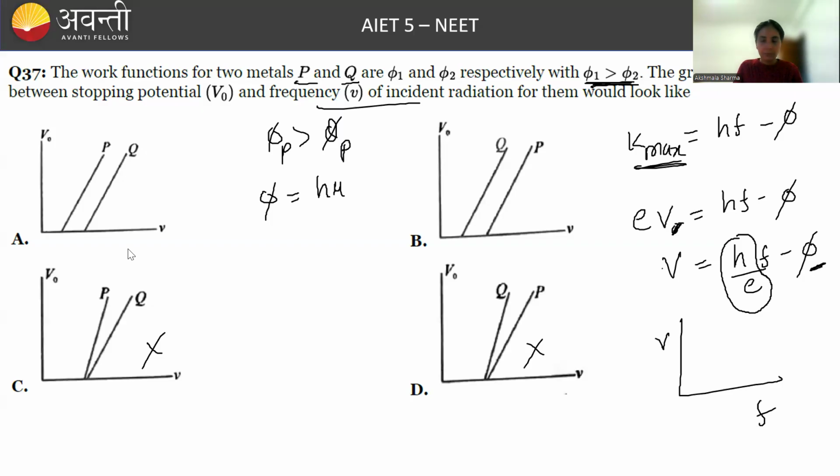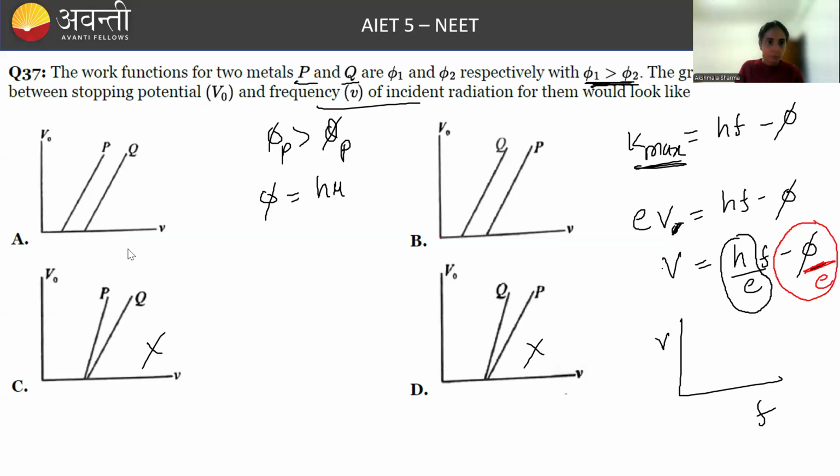Now let's check the phi part. If you look at the graph equation carefully, V equals h by e times f minus phi by e. The slope is h by e. I'm talking about the y-intercept, so the y-intercept will be negative phi by e.